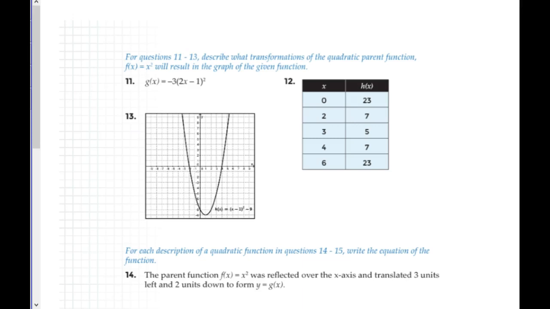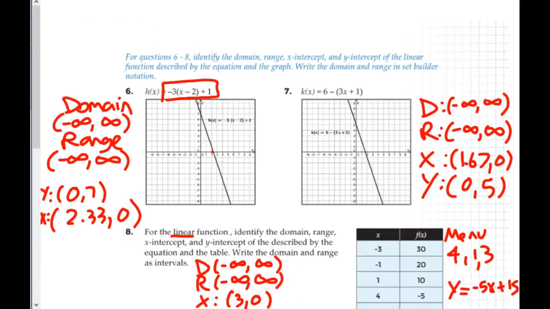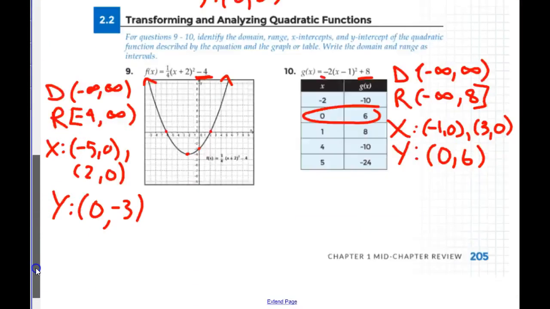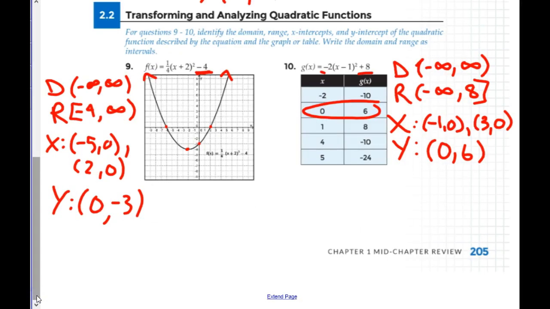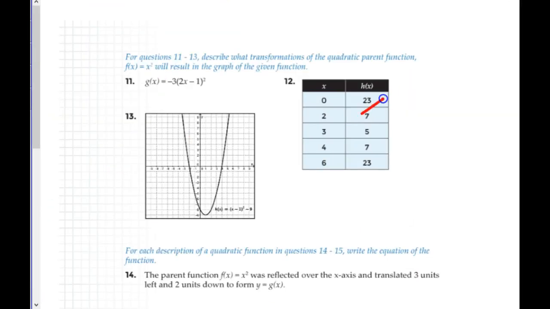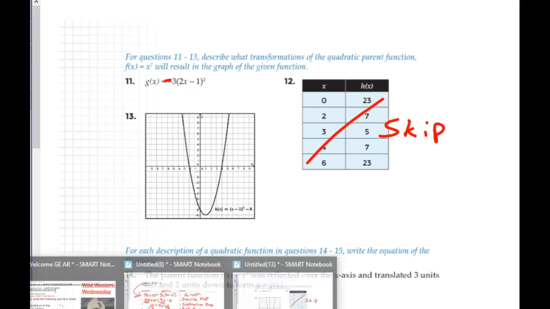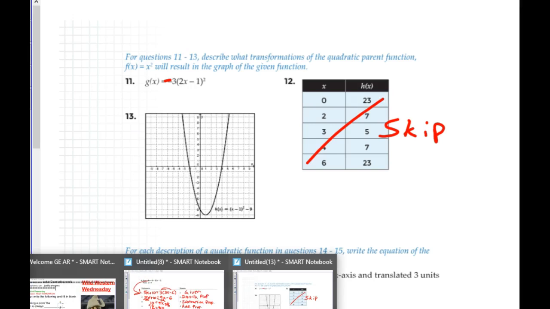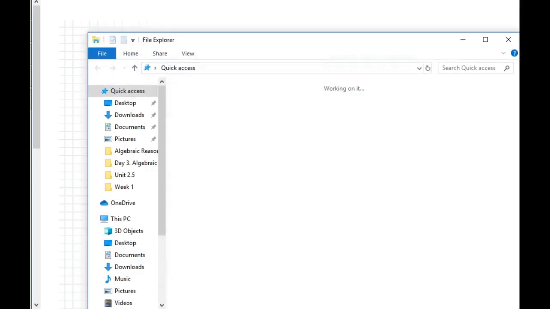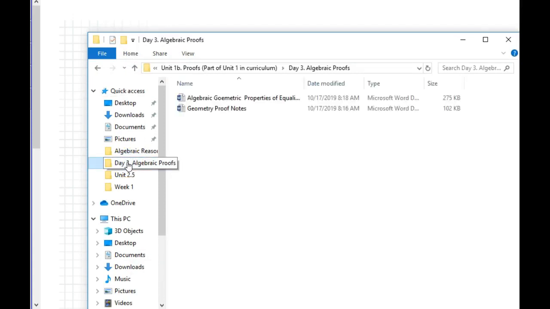Describe what transformations. Okay. We're skipping this one. Okay, so if this is negative, if you look at any of the notes we've done, let's see here.